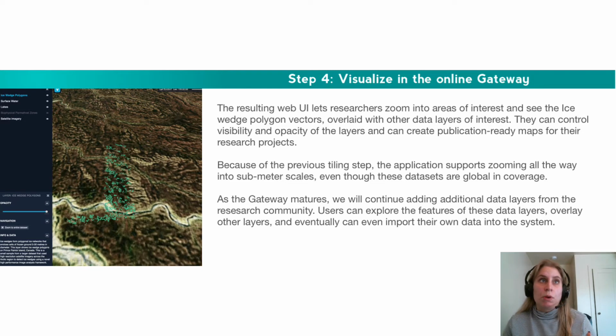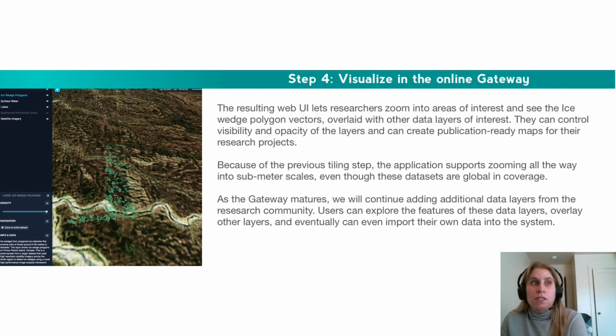So the resulting web user interface lets researchers zoom into areas of interest and see the ice wedge polygon vectors overlaid with other data layers of interest. They can control visibility and opacity of the layers and can create publication-ready maps for their research projects.